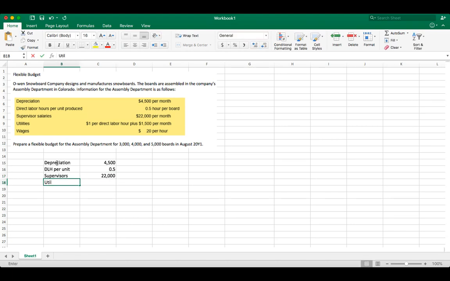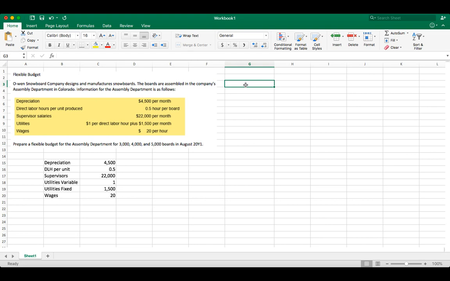We've got utilities that are variable at $1 per direct labor hour. And then we've got utilities that are fixed at $1,500 per month. And we've got wages, $20 per hour. I'm just putting those there so that we can come back to them.